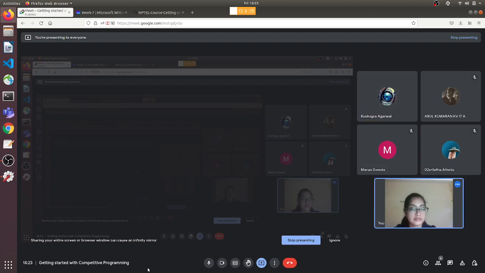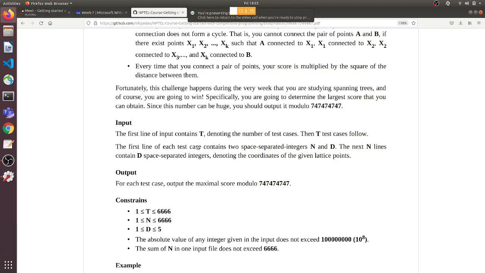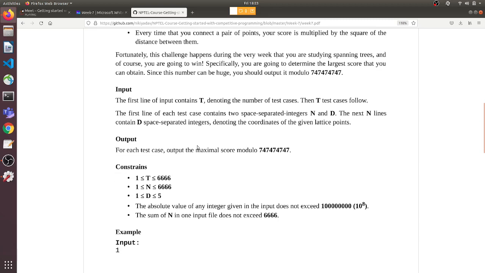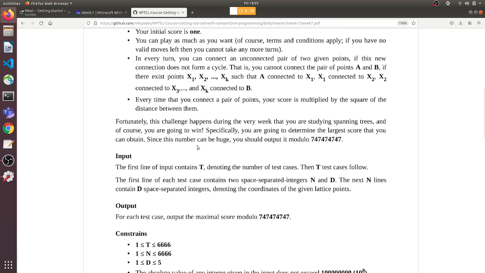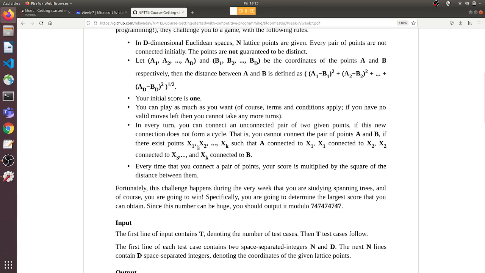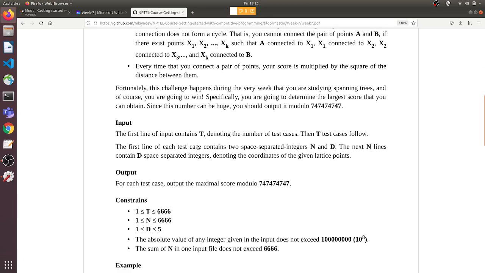So it would be n into m plus m into d, I guess, that would be the complexity. What is m? M is the number of edges and n is the number of vertices.